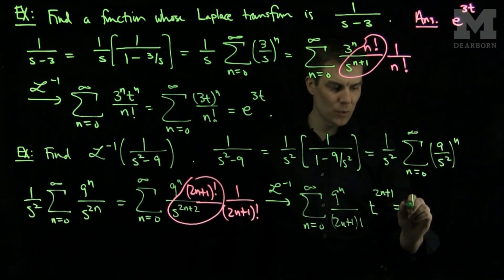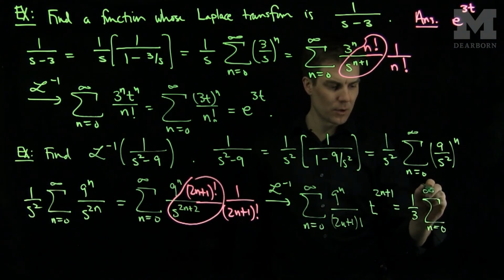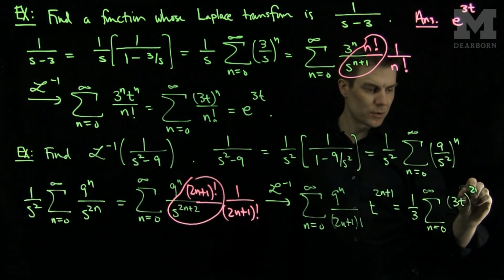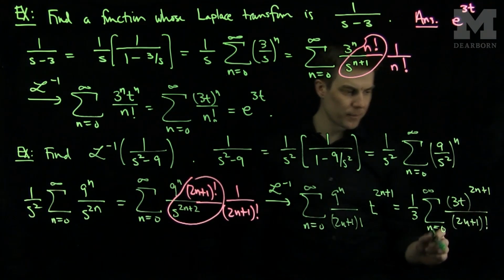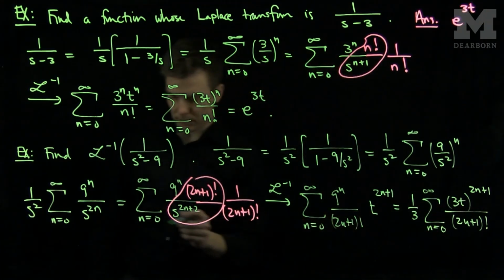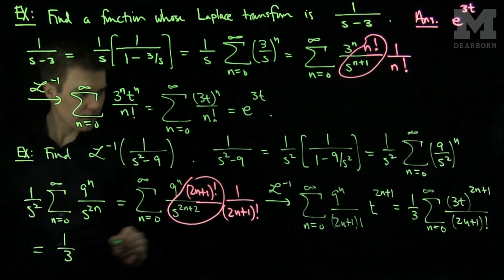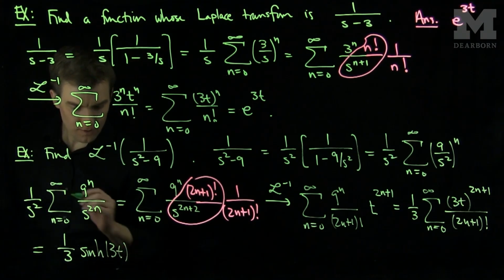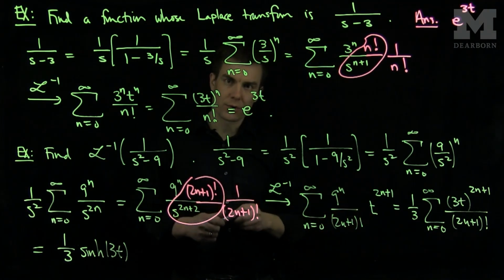So I can write this as 1/3 the sum, n goes from 0 to infinity, of 3t to the 2n plus 1 over 2n plus 1 factorial. And this is the Taylor expansion for sinh. So this will be equal to 1/3 sinh of 3t. And we can verify this formula is correct by applying the ordinary partial fraction result.